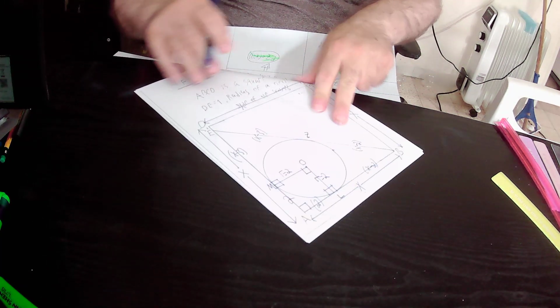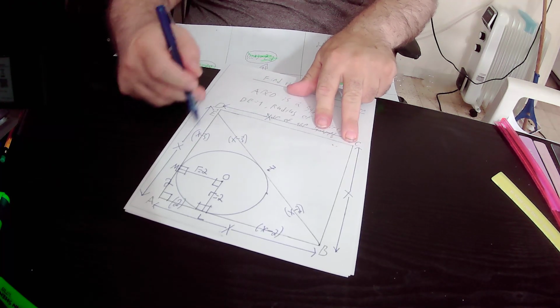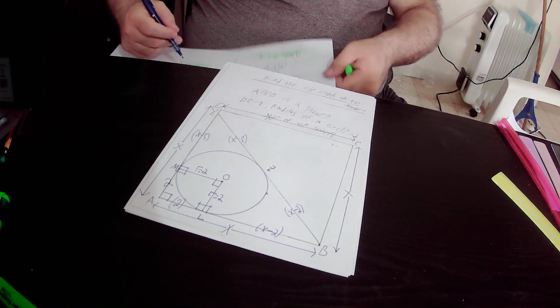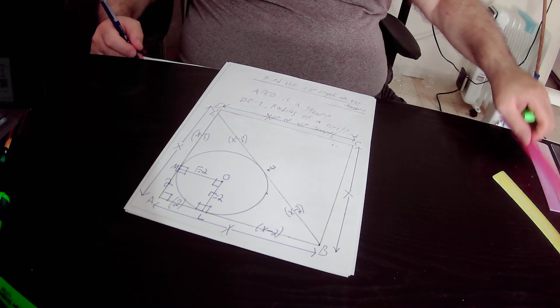in the next step we find out the length of line segment EA. What is the length of line segment EA?